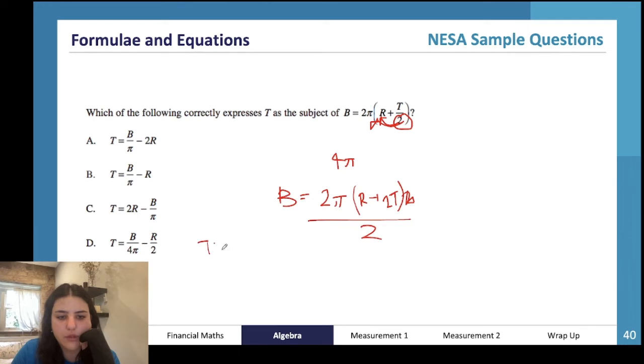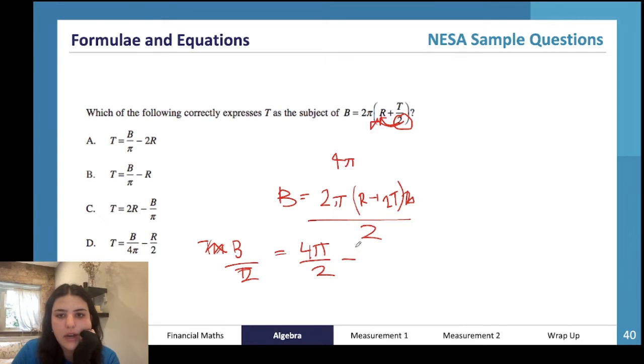So we then have 2 times b, divided by t, divided by 2, sorry, equals 4 pi over 2. And then, what have we got in there?